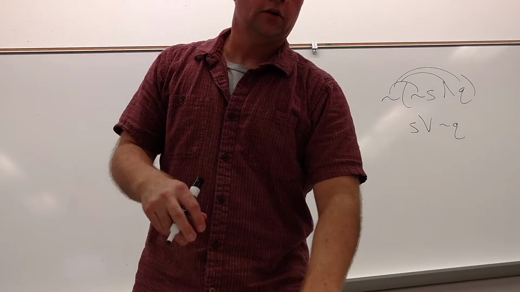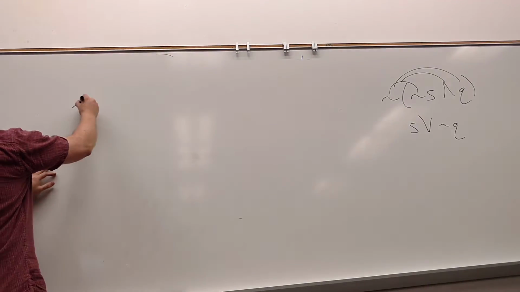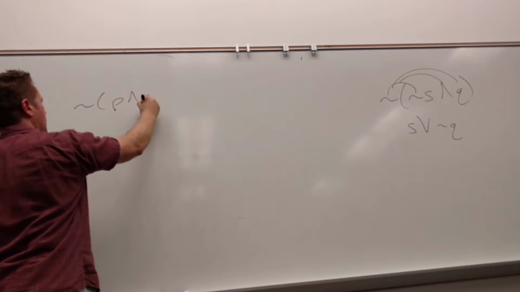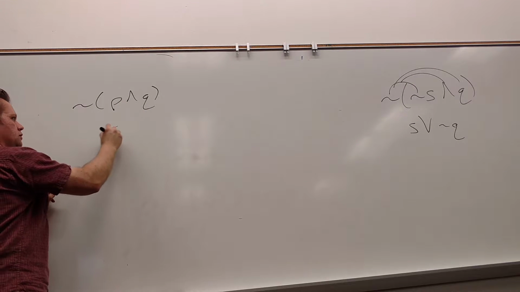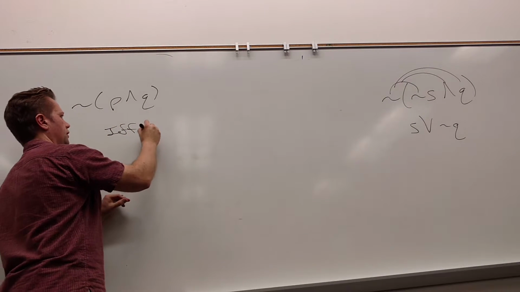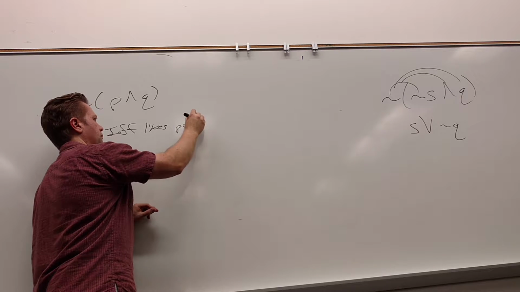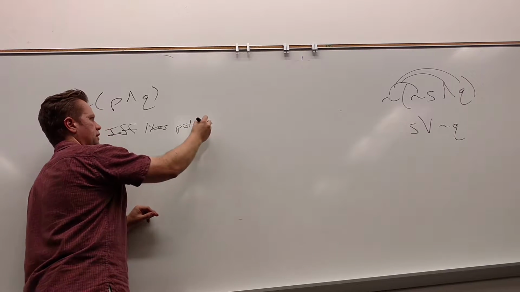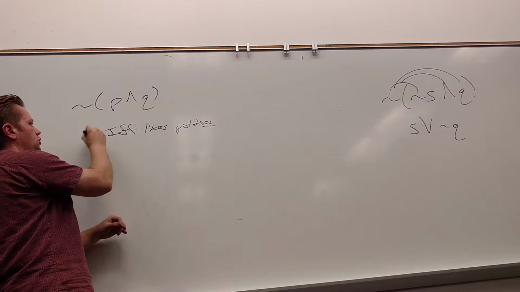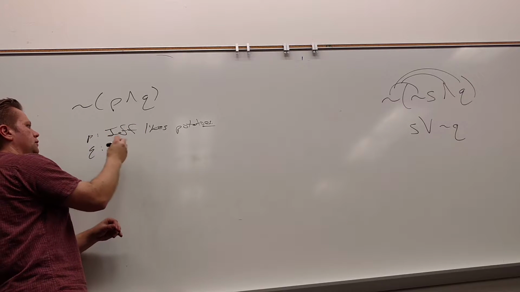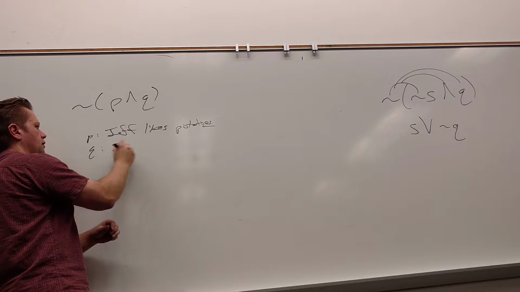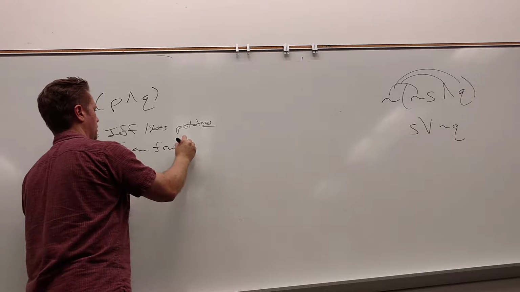No. So first off, I want to ask you, how would you say this? Let's say that P is Jeff likes potatoes. I don't know why I'm thinking about potatoes. I think I was just hungry. And Q is I am from Ireland.